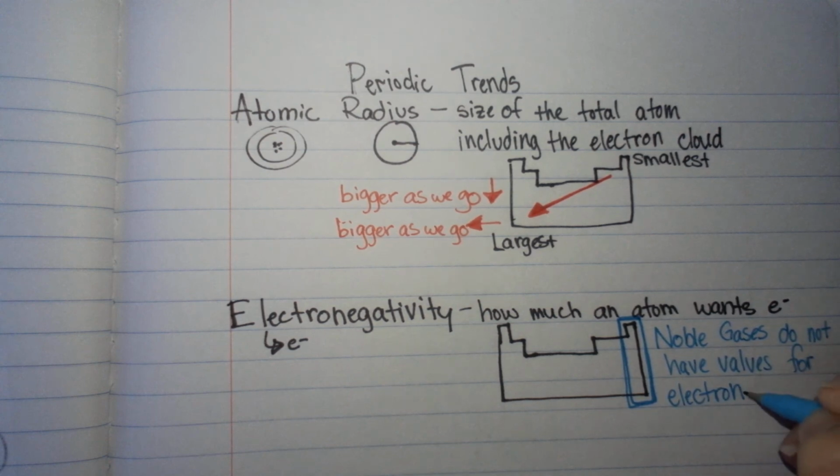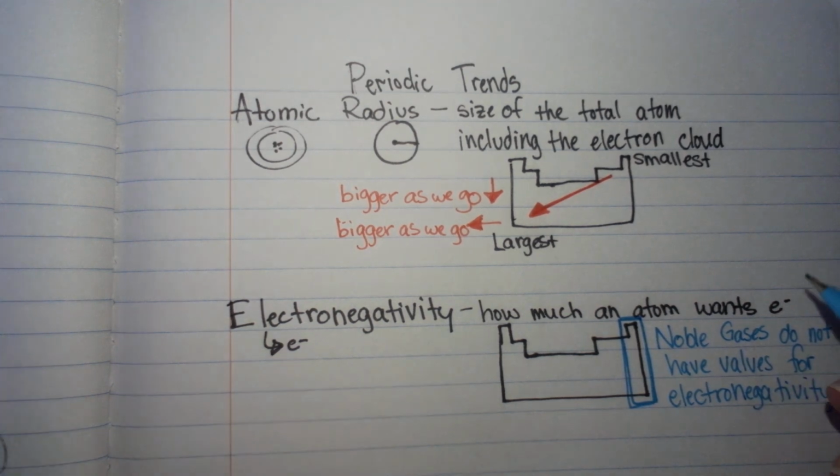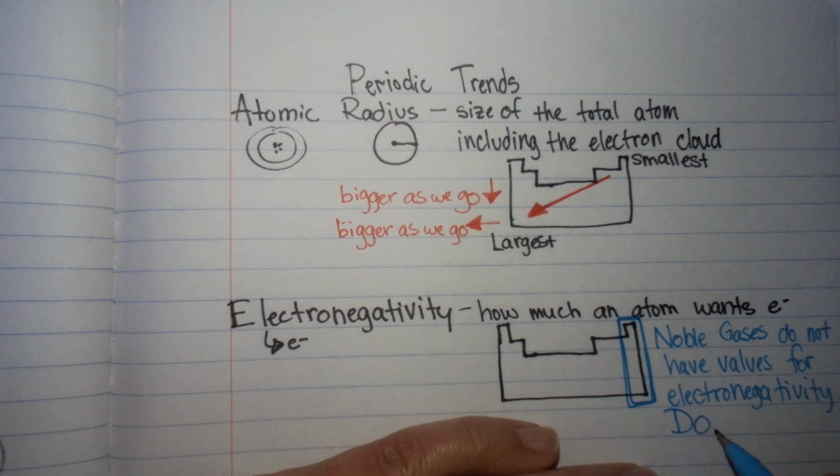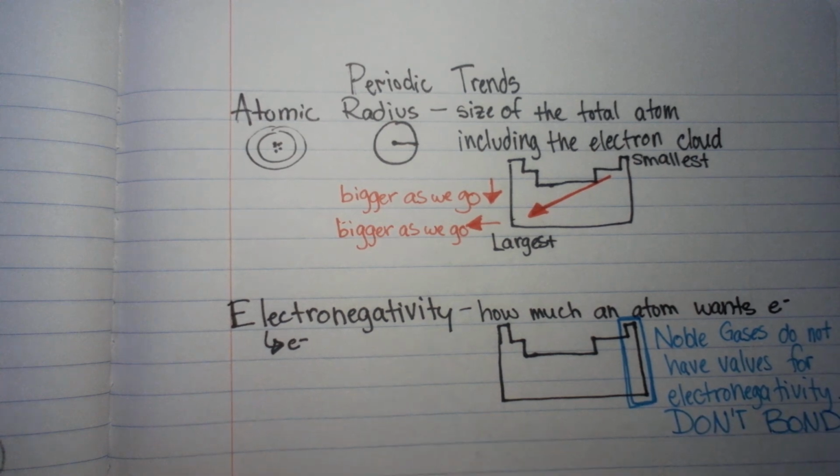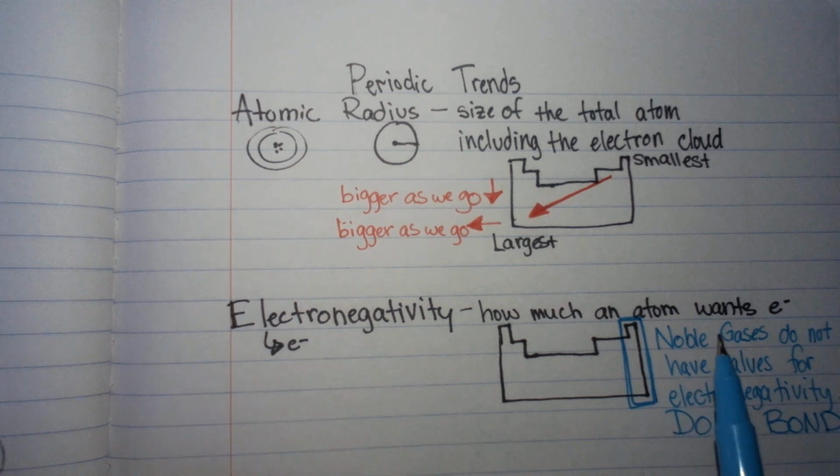Why do you think that is? They don't make bonds. So they're not wanting any more electrons than they already have. All right.